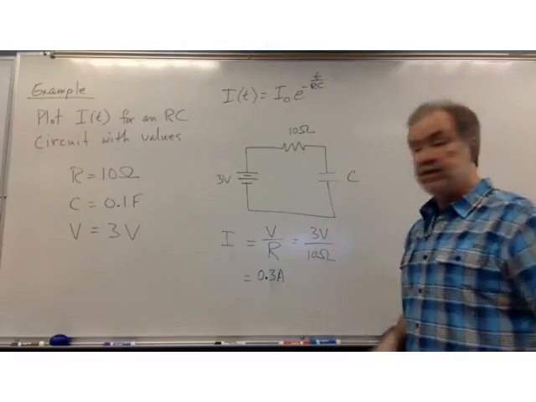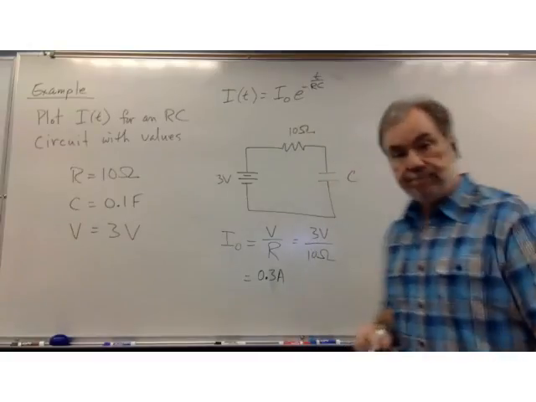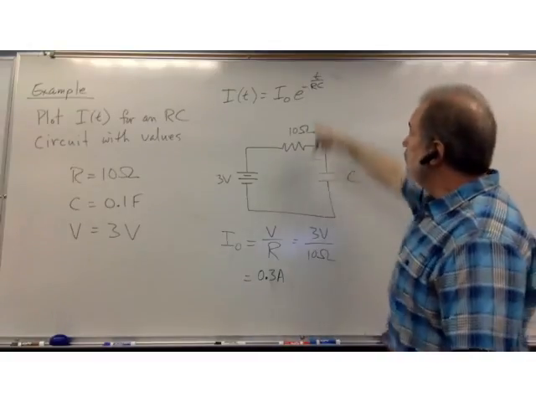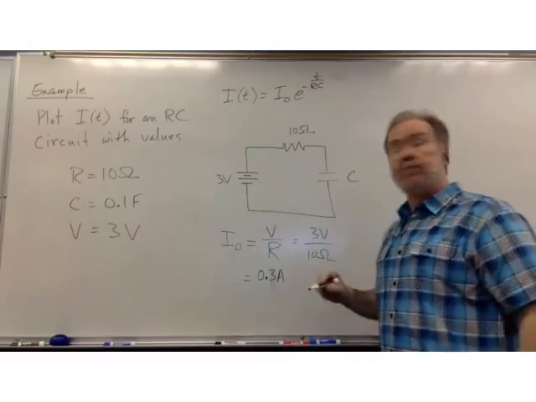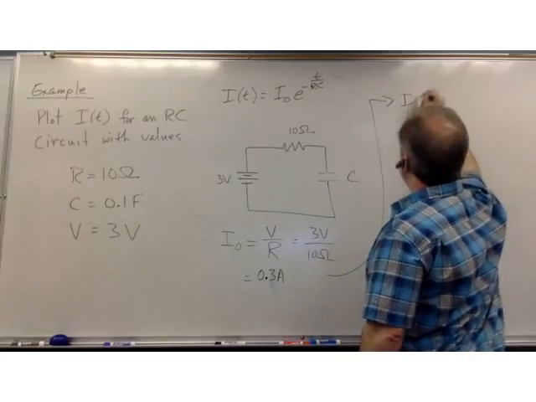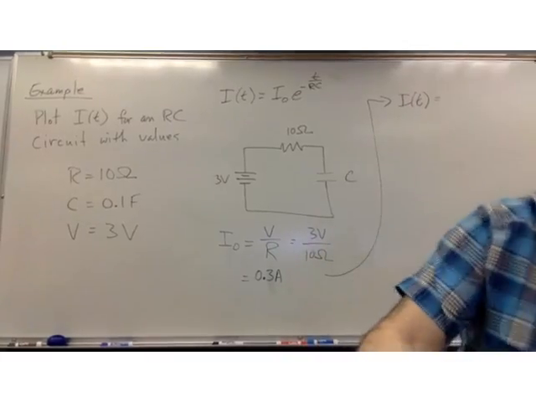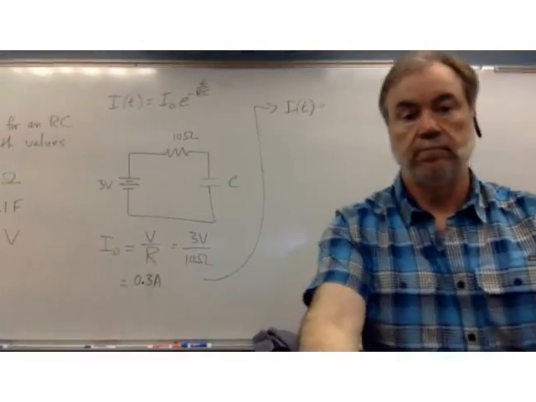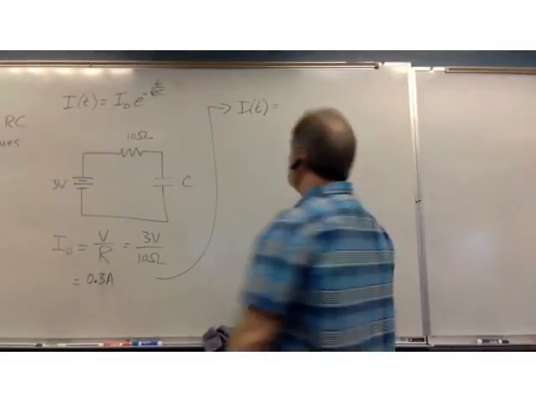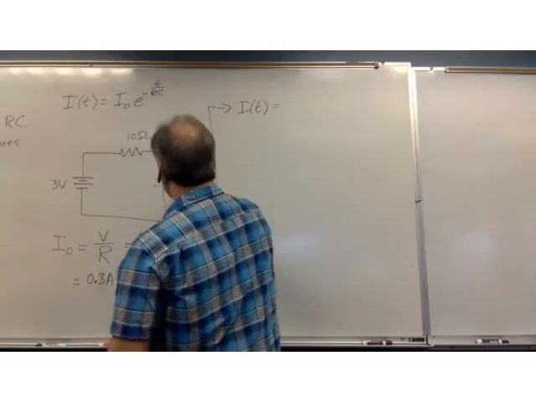And in fact, what I have just calculated is actually the initial current, which I actually will get from this expression as well. So I of t, let me actually plug in these numbers. My capacitance is 0.1 farad.